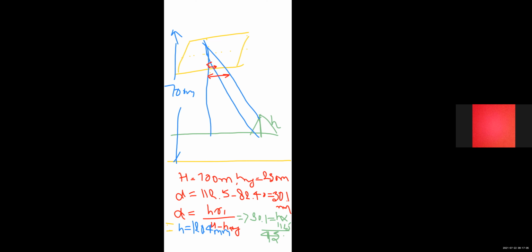This is the actual height of tower, 120.4 from the datum.